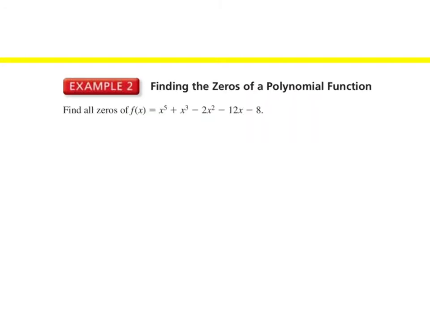Example 2, we actually have to find all the zeros. How many zeros are we going to have here? 5. So our highest degree is 5. We have 5 terms here. How do we factor?